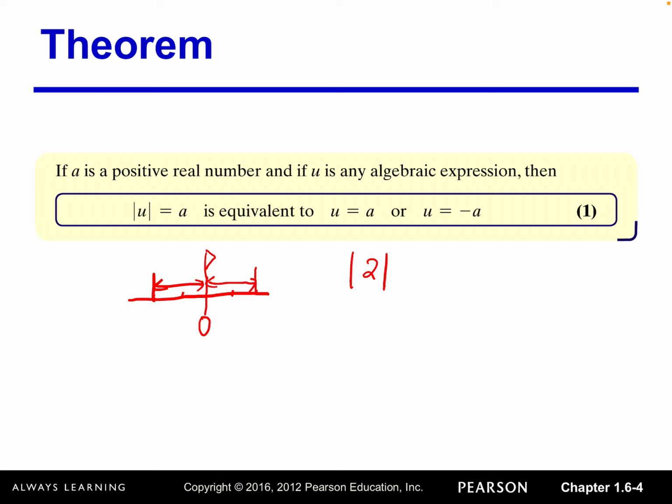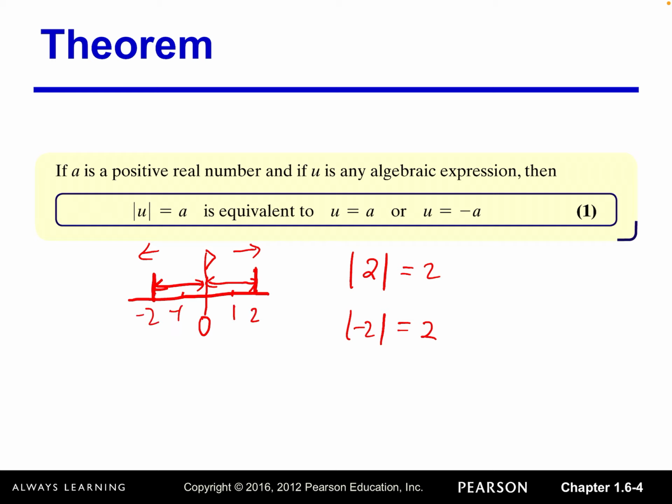So therefore, on the number line, we have two directions, right? Positive direction and a negative direction. And then therefore, we have two solutions, which is absolute value of 2 equals 2, and absolute value of negative 2 is also equal to 2. Is that right? Think about that. So here, 1, 2, negative 1, negative 2.